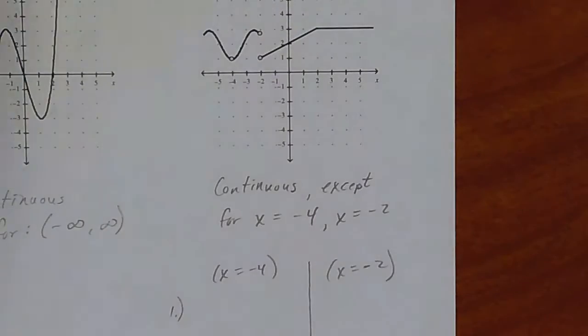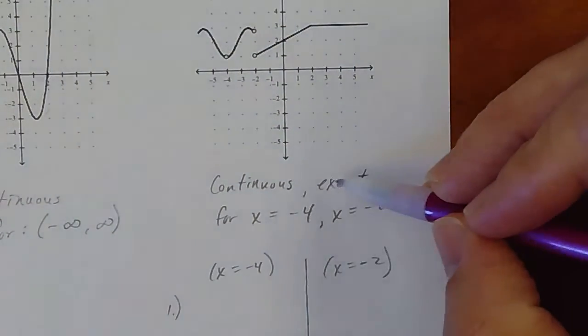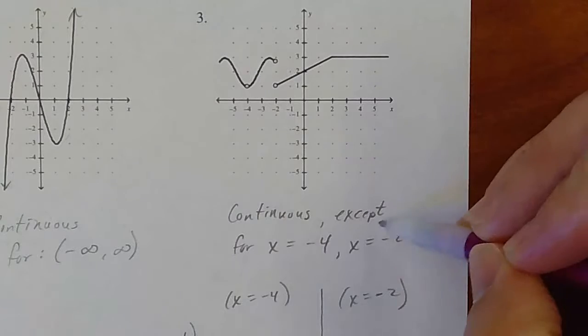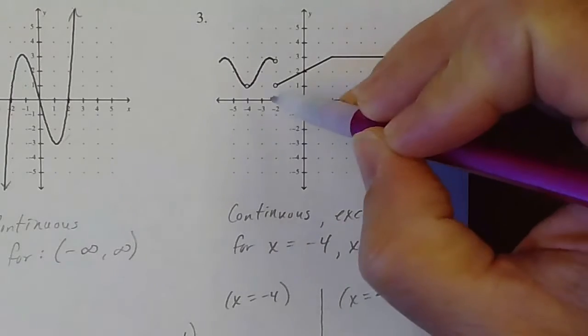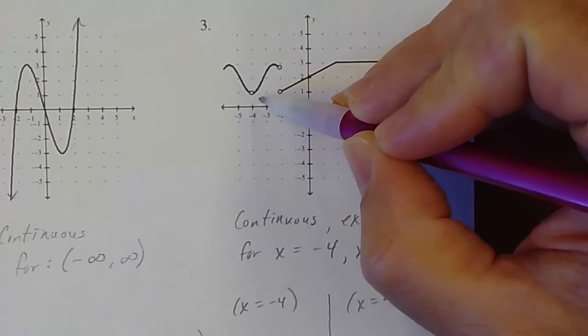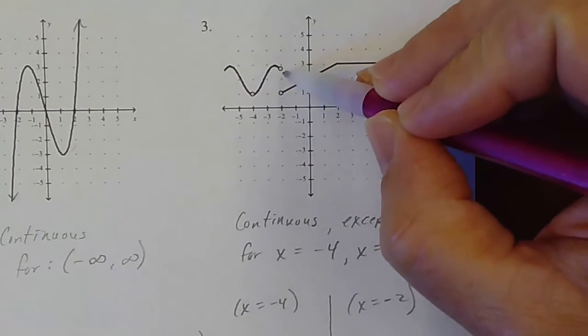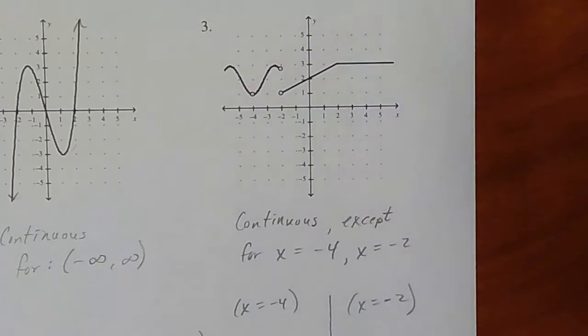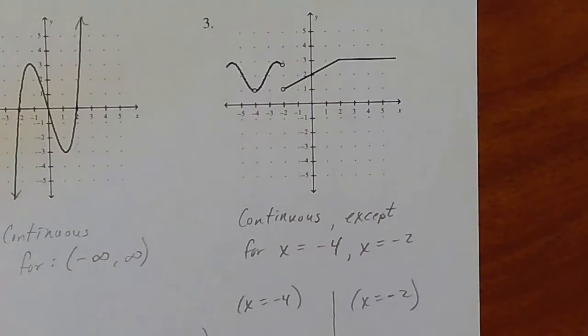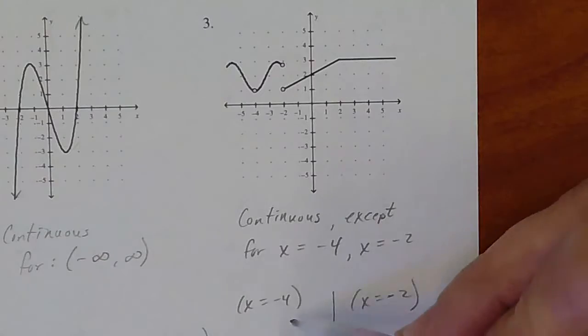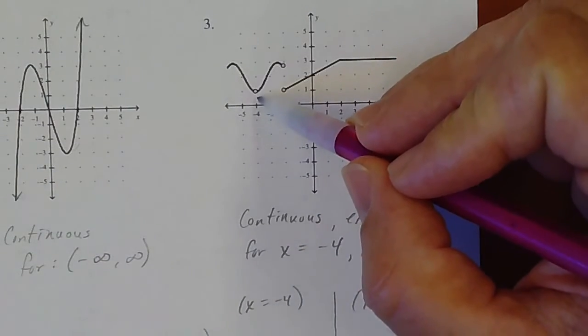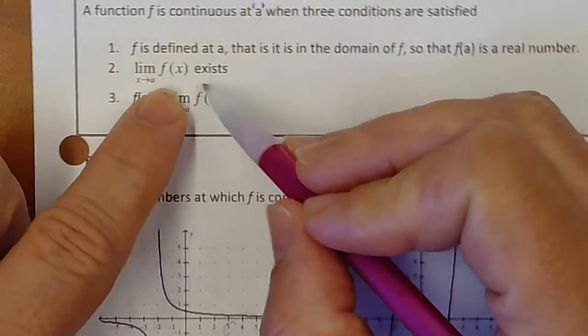Okay, here we go. Number 3. It's continuous except for these 2 spots. -4, it's an open circle. I've got to look kind of close to see that. All right, and it's discontinuous at -2. So here's some justifications we could use. For x equals -4, we could just say it's undefined, because really step 2, the limit does exist.